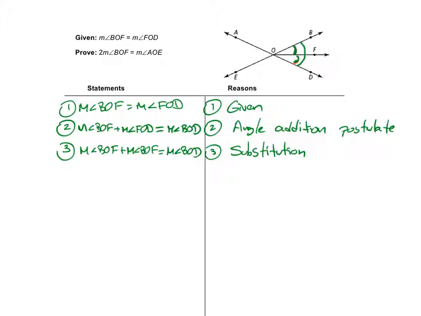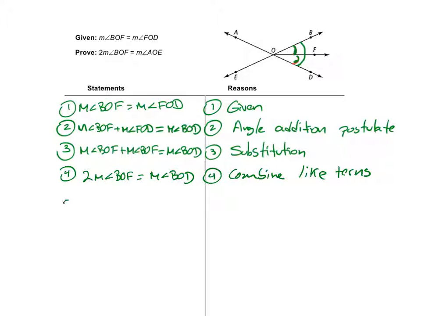Again, I'm substituting. I know that the measure of angle BOF equals FOD. So that means that on this next equation, I can replace one with the other one, right? So if I combine like terms, I know that 2 times BOF equals the measure of angle BOD. So here, combining like terms.